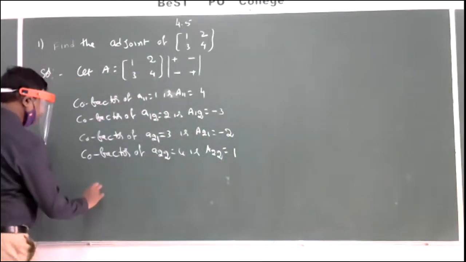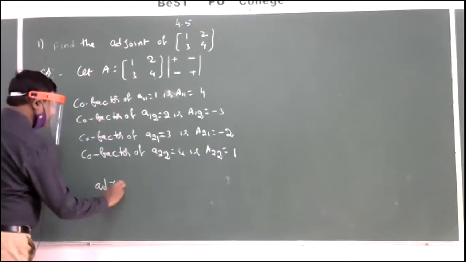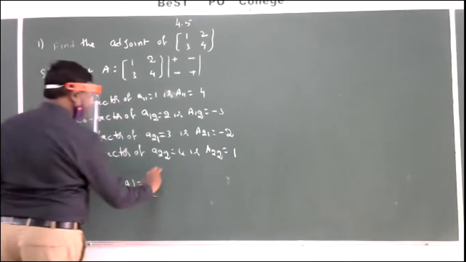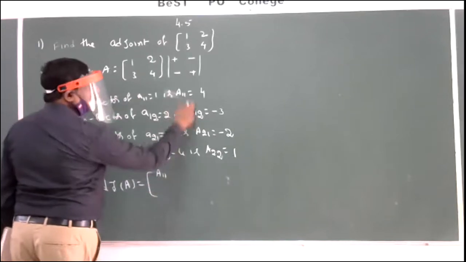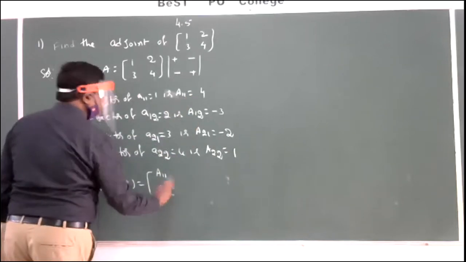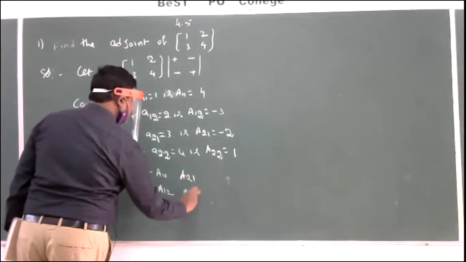Now, adjoint of A equals: first row cofactors, write down in first column, that is A11, A12, A21, A22.